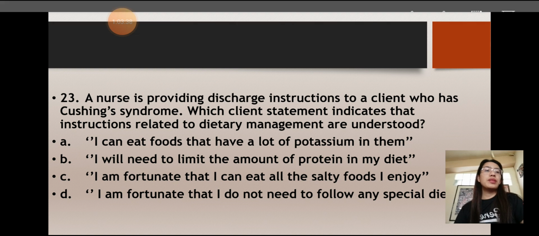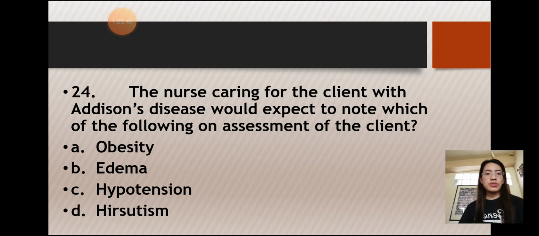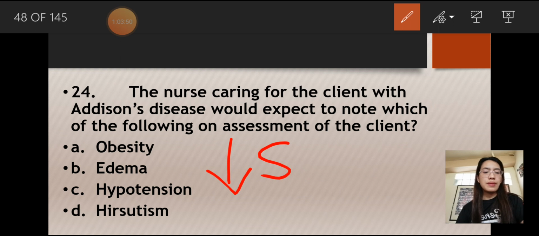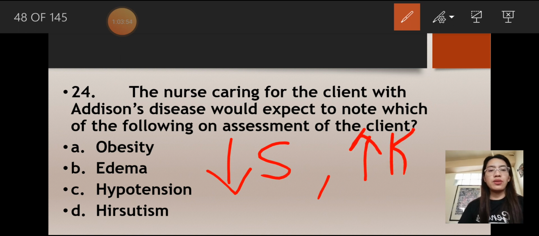24. The nurse caring for the client with Addison would expect to note which of the following on assessment of the client. Again, Addison, think of the S, mababa ang 3 S, pero mataas ang kanyang potassium. Okay? So, kung mababa ang 3 S, meron siyang hypoglycemia, mababa ang androgen, meron siyang hyponatremia.